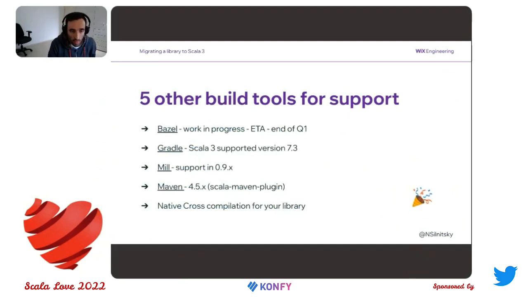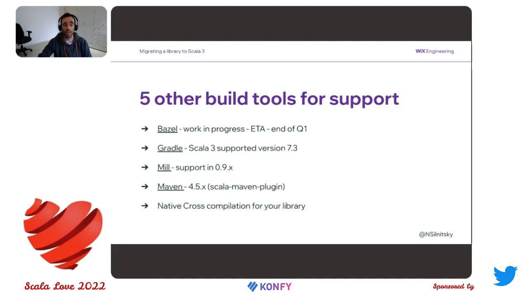Amazing. So let's quickly review the possibilities to migrate to build tools other than SBT. Like I said, with Bazel, we have a work in progress to support Scala 3, which should finish very soon. Gradle, Mill, and Maven all support Scala 3 with various versions.